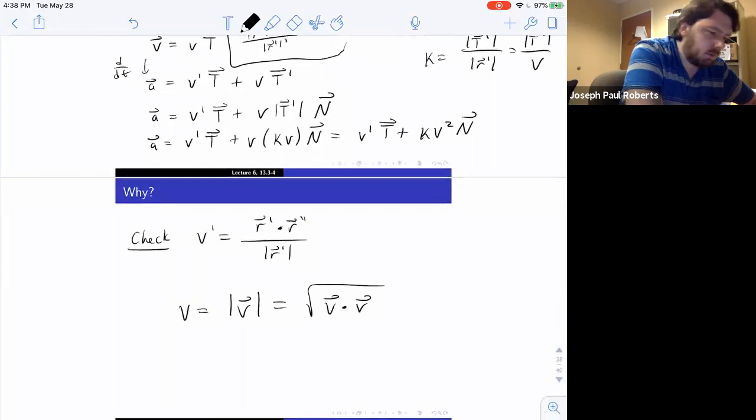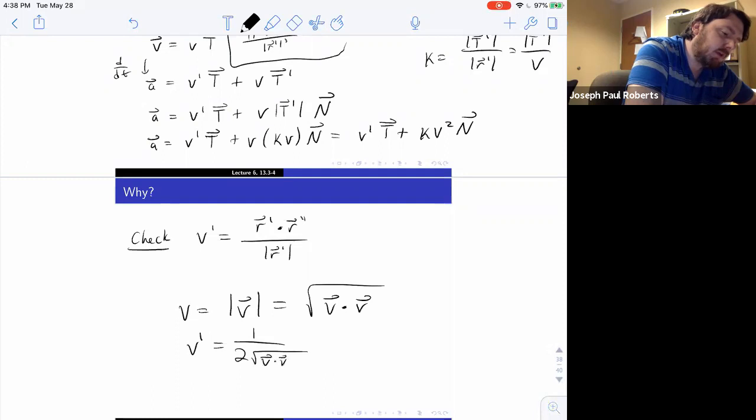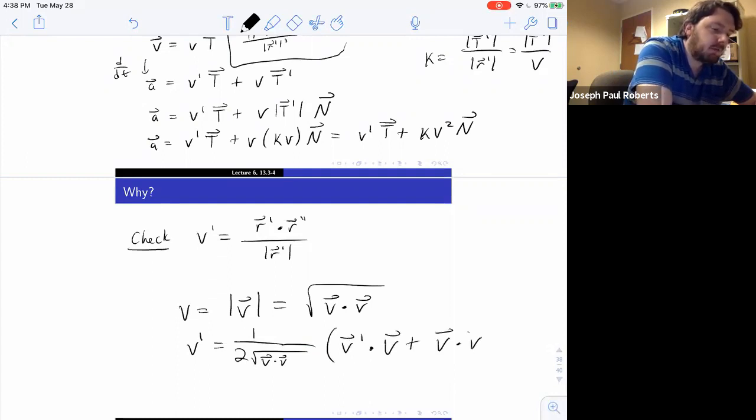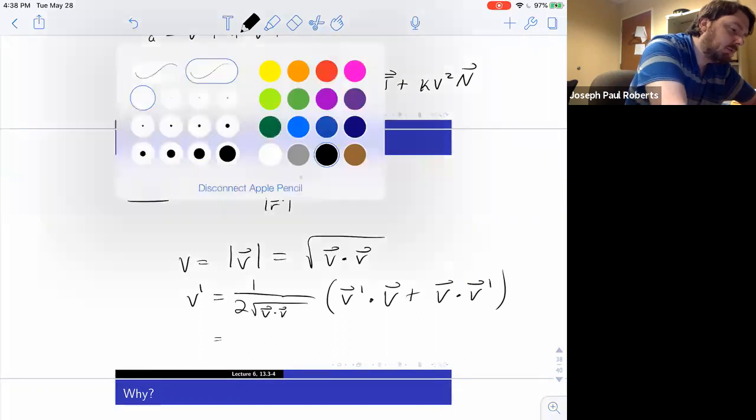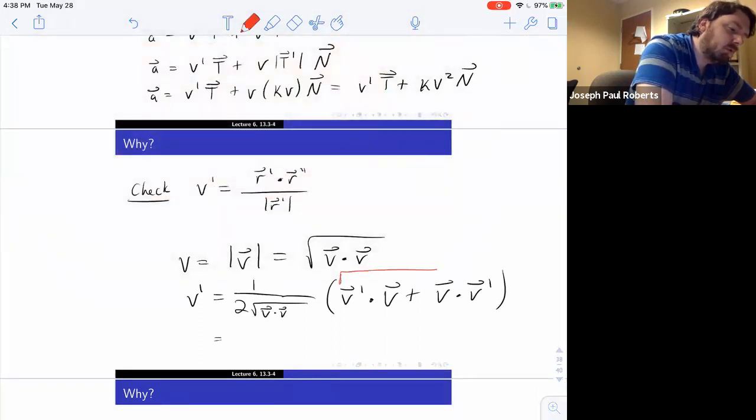And that means that the derivative of this is 1 over 2 times the square root of v dotted with v, times the derivative of the inside, which is v prime dot v plus v dot v prime, which then if you substitute everything in, this is 2 r prime dot r double prime.